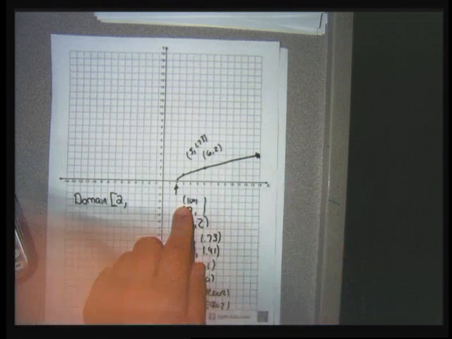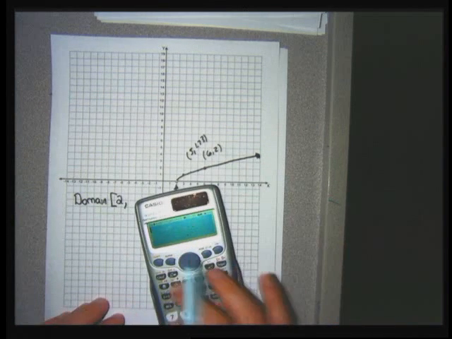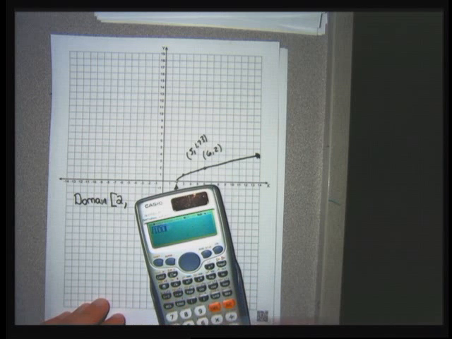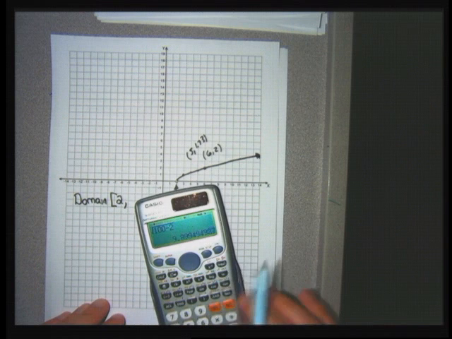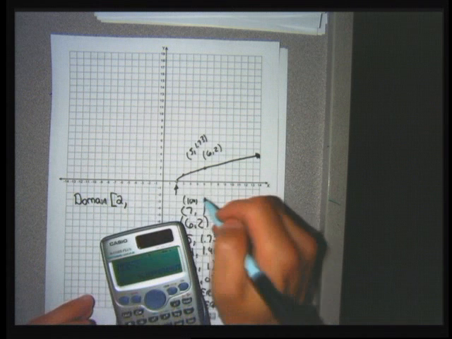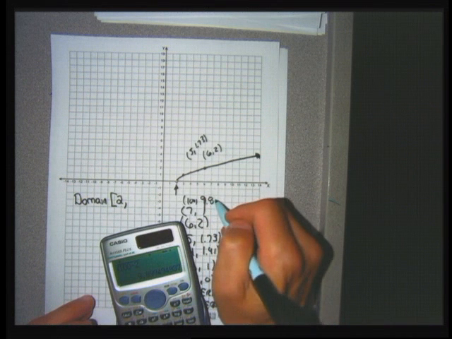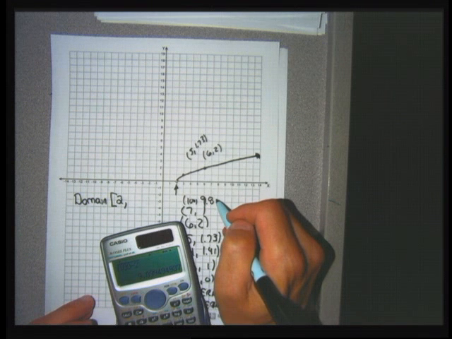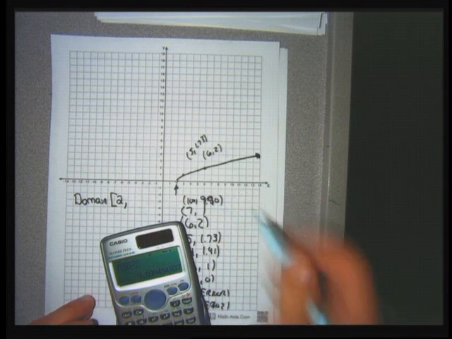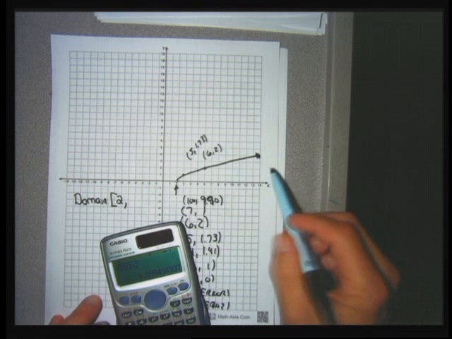Like for instance, if I did 100, I'd do the square root of 100 minus 2, and I'd get 9.89 or 9.90, I guess. So the graph doesn't end to the right. It goes forever.